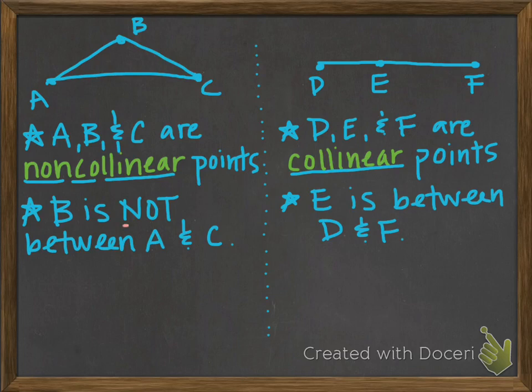So B is not between A and C because they are non-collinear. E is between D and F because they are all collinear.